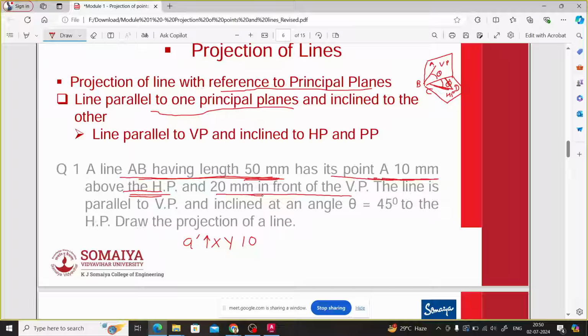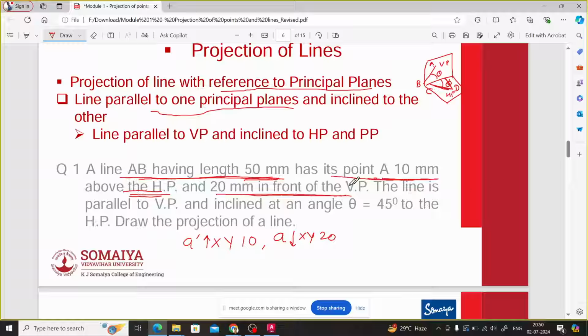Similarly, it is in front by 20. Where do we get the in front distance? Below XY. So A will be below XY by 20.